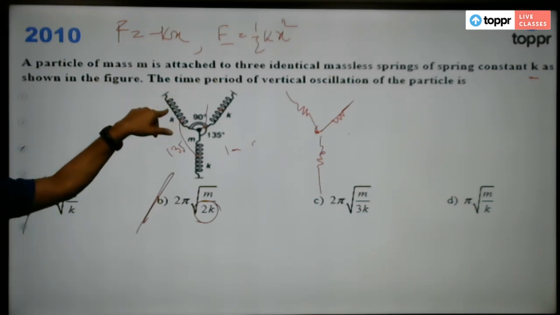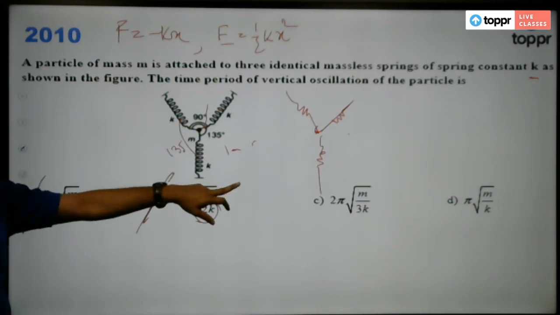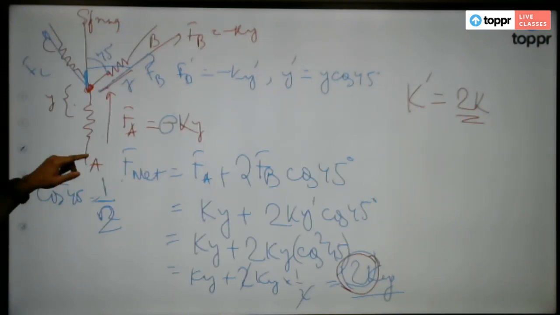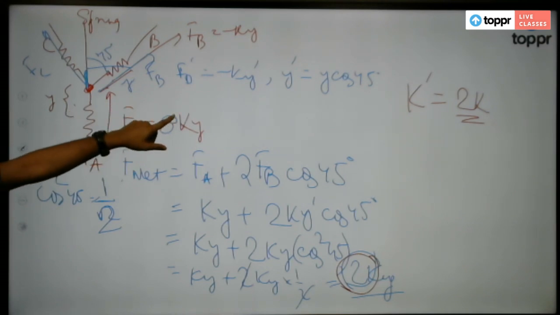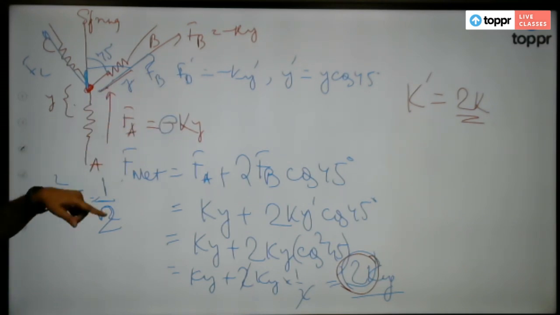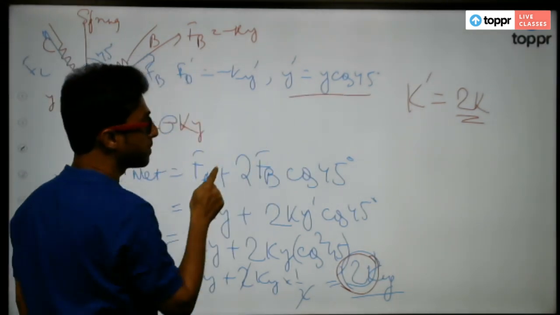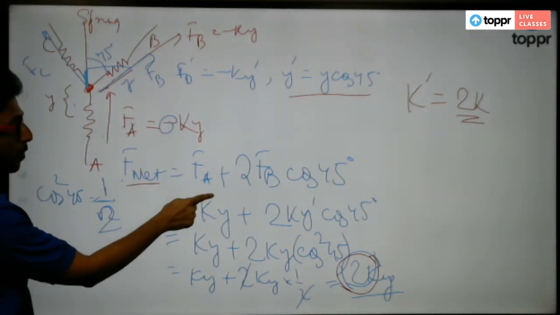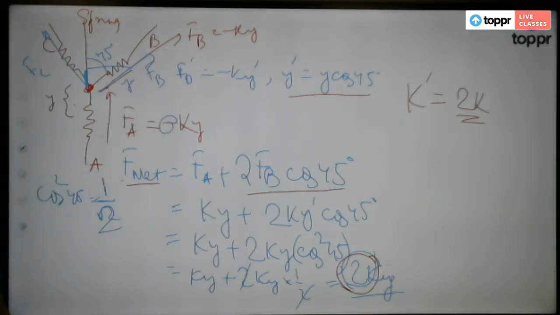You need to understand that we are taking the component of not only the forces but also the displacement. First we are taking the component of the displacement and next we are taking the component of the force. Clear? Okay. We're moving on to the next question.